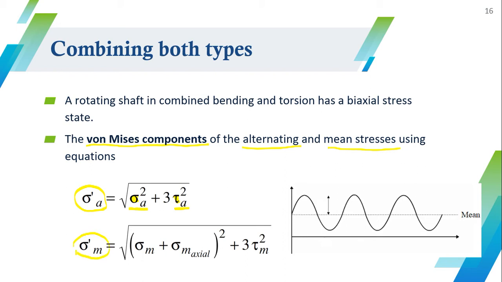Similarly, on the mean side, for the mean component of von Mises stress, we have the mean components of normal stress and shear stress combined together. In addition, there is another component here, which is sigma m axial.